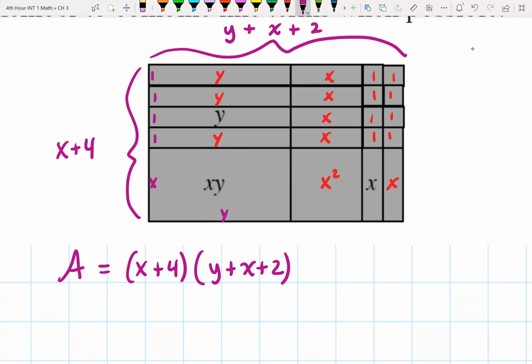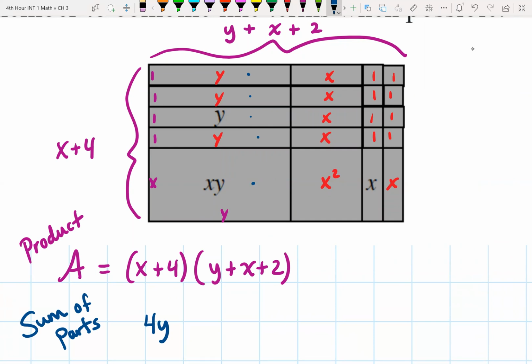You could also write the area just by adding up all the tiles you see in this picture. We call that the sum. So this first way is the product of the dimensions. The second way is the sum of the parts, so we're just going to count. We've got 1y, 2y, 3y, 4y.